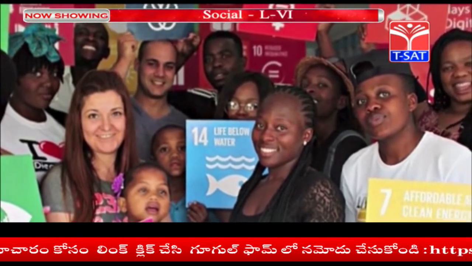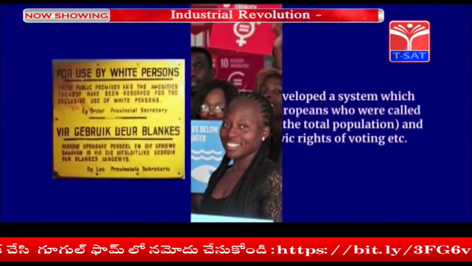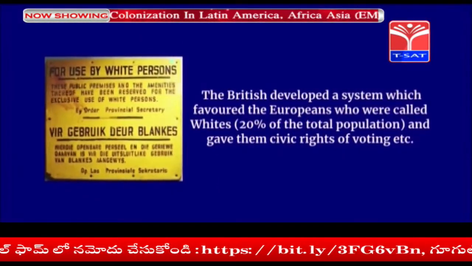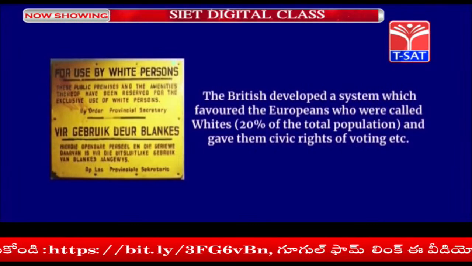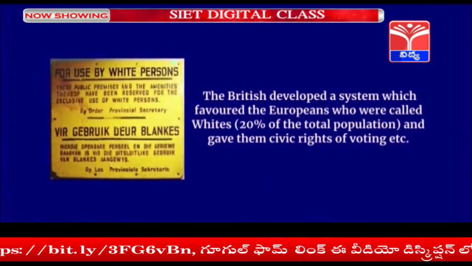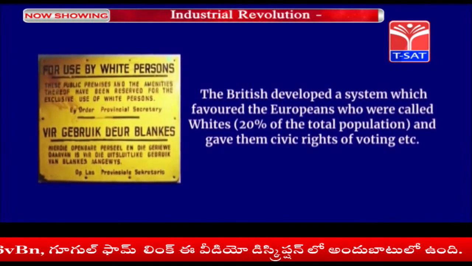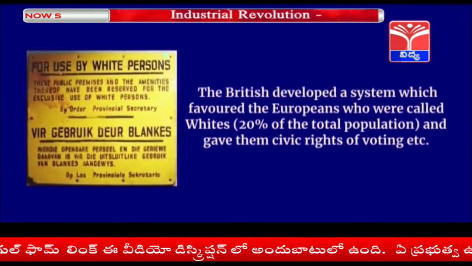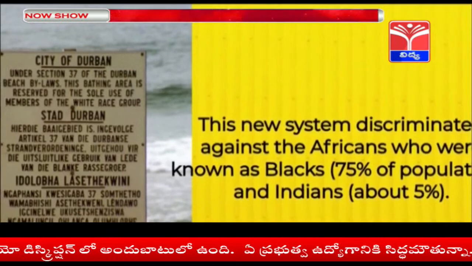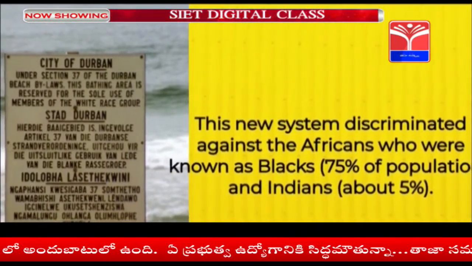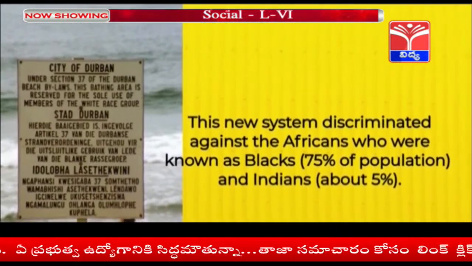By this time, South Africa had a mixed population of European migrants, English and Dutch, black Africans, Indians and Chinese. The British developed a government system which favored the Europeans, who were called whites, whose population is 20% of the total population, and gave them civic rights of voting, etc. This new system discriminated against the Africans, who were known as blacks, whose population is 75% of the total population, and Indians about 5% of the total population.